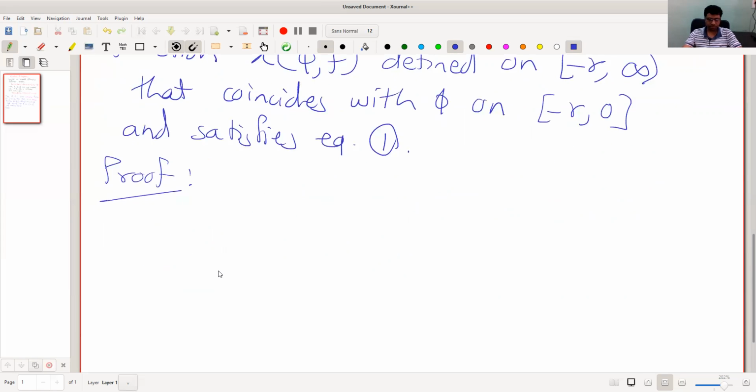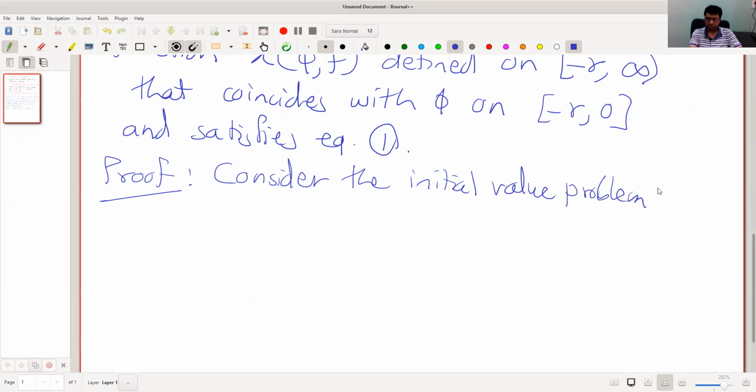Consider equation 1. Consider the initial value problem. In short, we write IVP 1, 2.